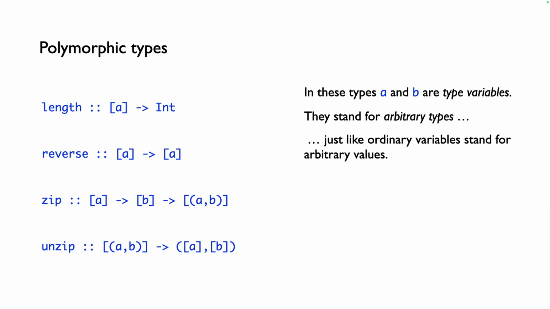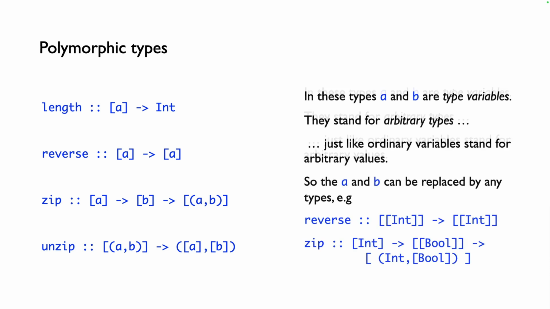And zip takes lists of type A and type B and gives us back a list of pairs where each pair has an element from A and an element from B, and unzip does the reverse. So these variables stand for arbitrary types, like ordinary variables stand for arbitrary values.